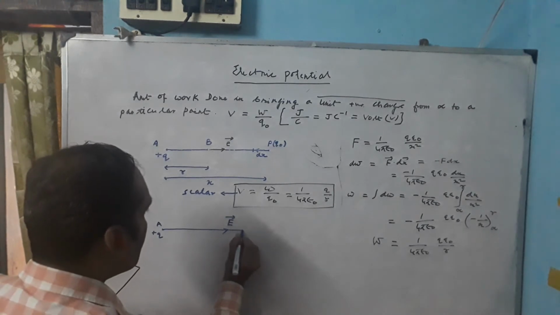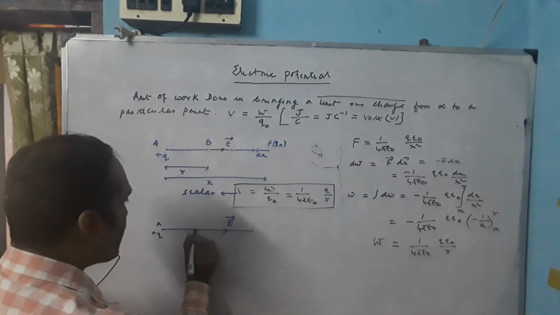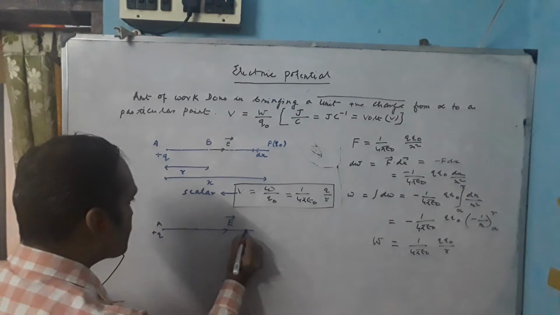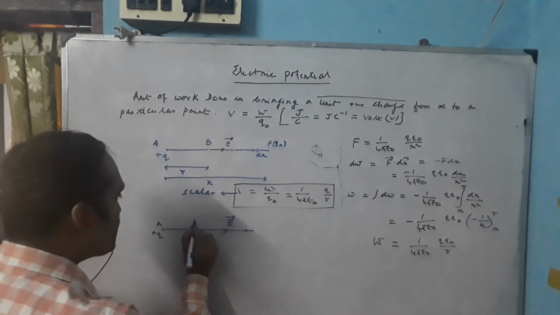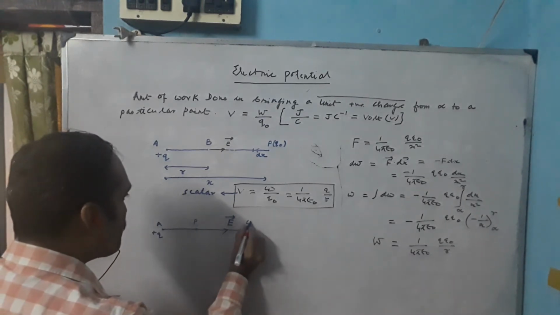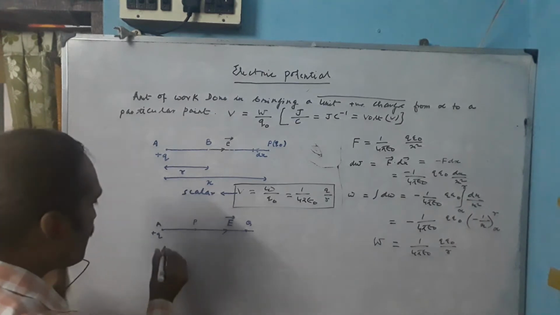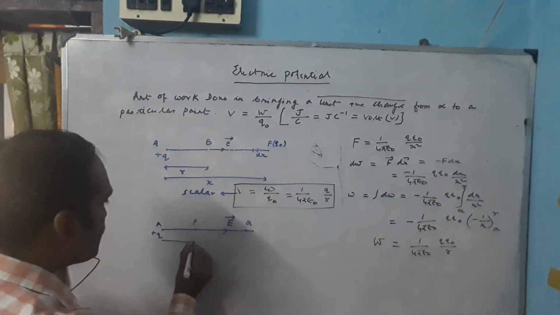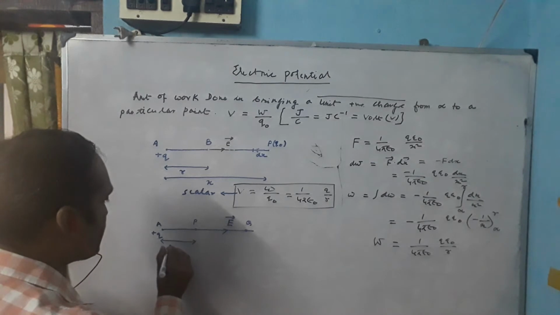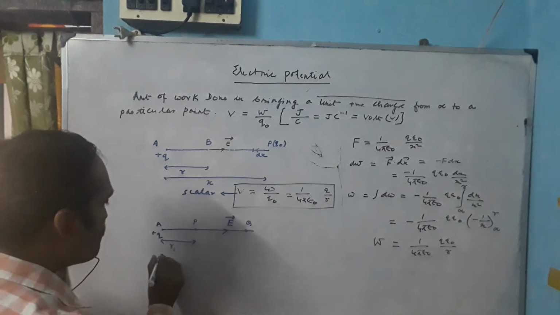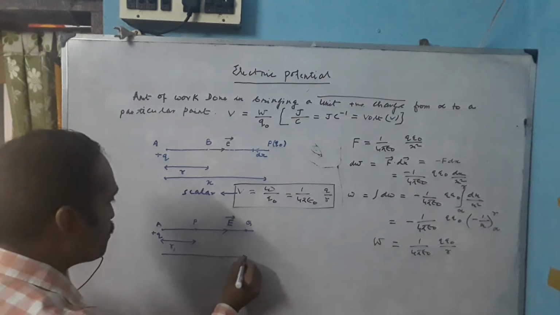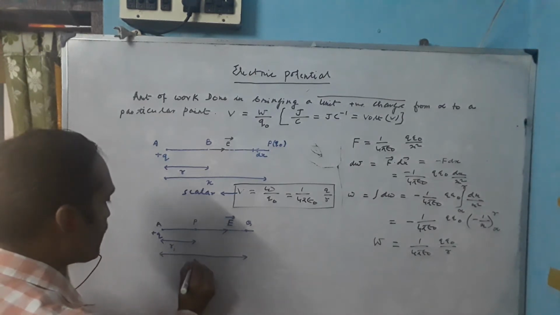Extend this line a little bit and take two different points. Say one point is P and another point is Q. Now see, P is at a distance of say R1 and Q is at a distance of say R2.